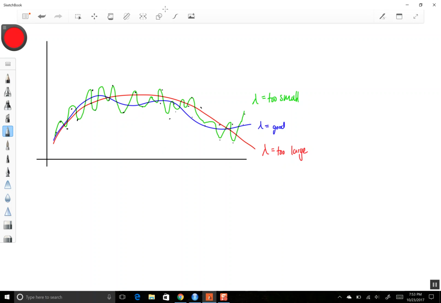This is just some arbitrary function g of x. Oftentimes, lambda is chosen by cross-validation.